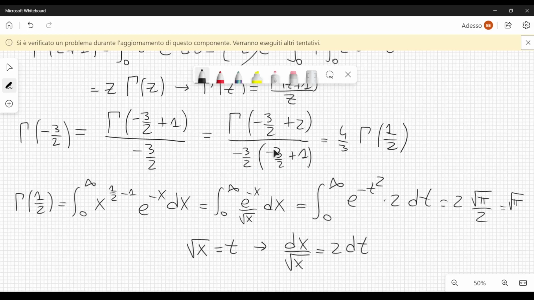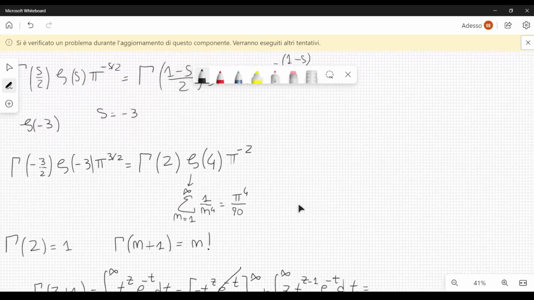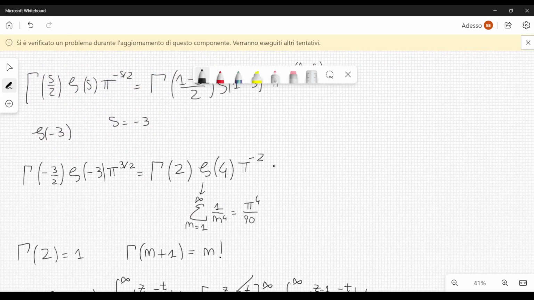Simple as that. So now, all in all, when we substitute the results here, we have 4 over 3 times square root of pi as gamma of minus 3 halves. Then you get zeta of minus 3 times pi to the power 3 halves equal to gamma of 2, which is 1, times zeta of 4, which is pi to the 4th power divided by 90, times pi to the minus 2.